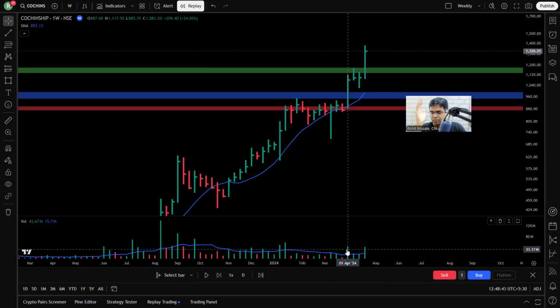Depending on the comparative liquidity, fundamental, technical, and market analysis, you would decide what position size you would want to get into, and whatever number of shares correspond to that position size, you would buy all of them in one go. Okay, this is an example of that kind of a stock where you don't do pyramiding kind of purchases. You buy everything in one go because the stock is giving you the opportunity to do that.